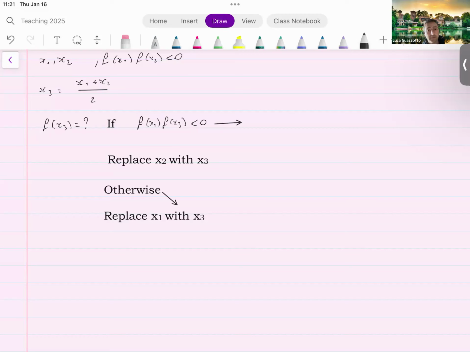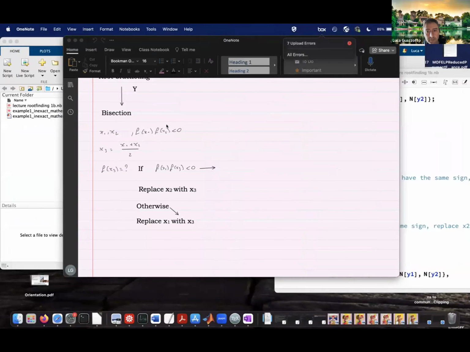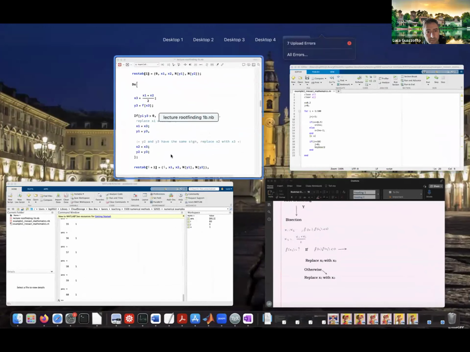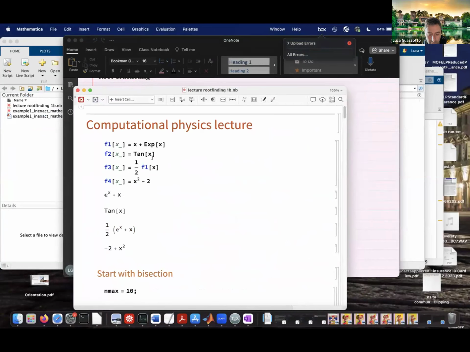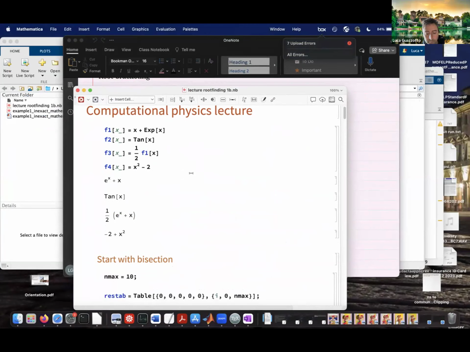Let's look at an example. So I need to stop sharing. I'll just start sharing from here. Okay, make this a little bigger.